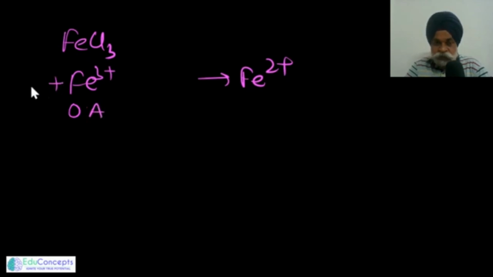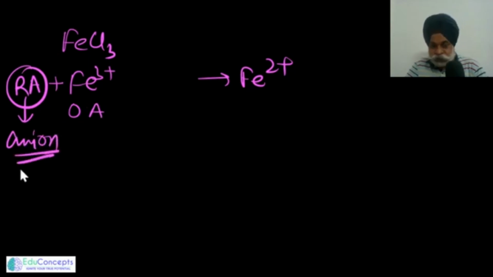So there must be some reducing agent, an anion which has a reducing nature, or a radical which would produce a gas of a reducing nature. An anion which on acidification would produce some gas that can reduce ferric ions.